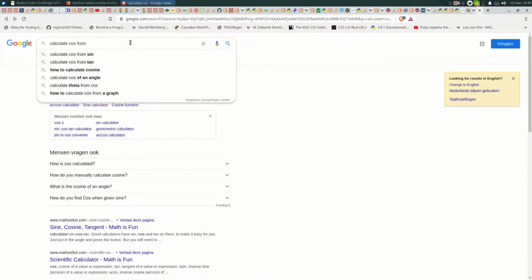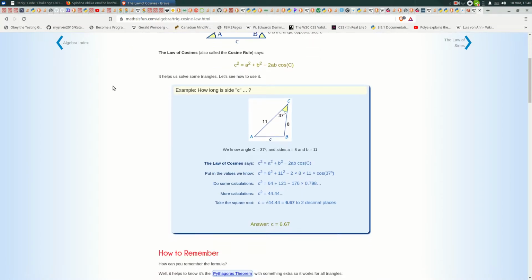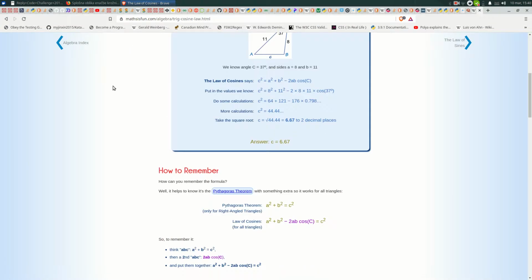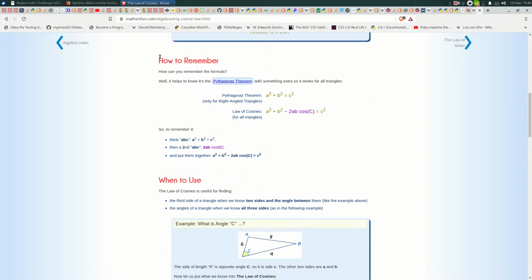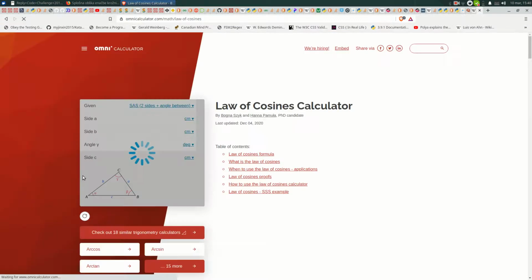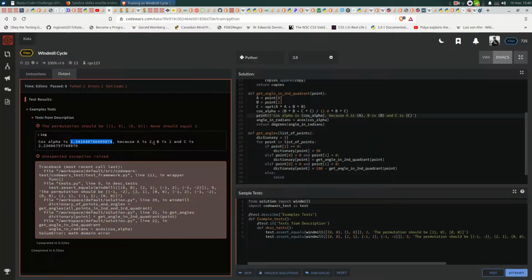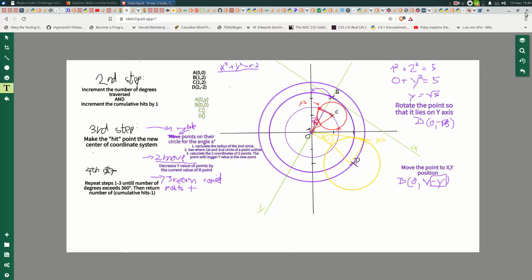Calculate cos from A, B and C. Law of cosines of side A is 2, 1, so it's 2, 1, 2.23.